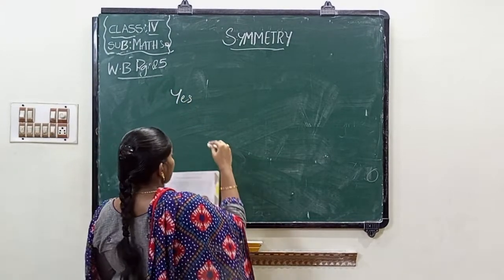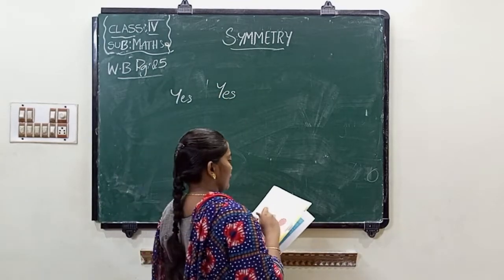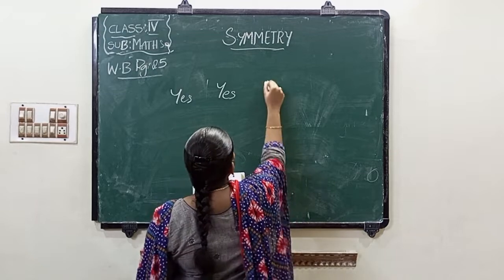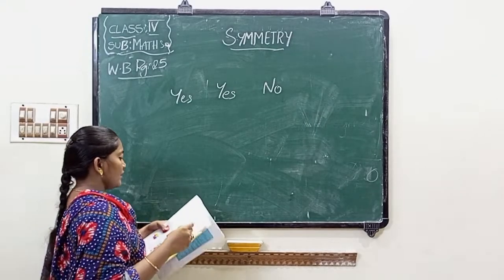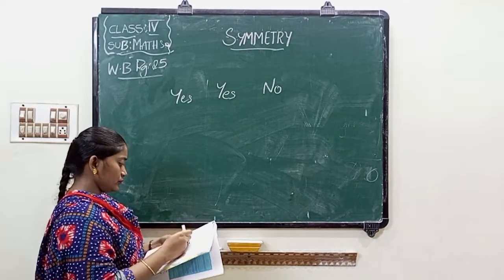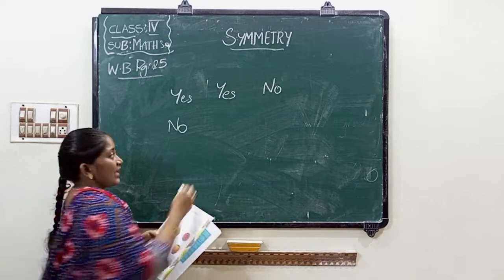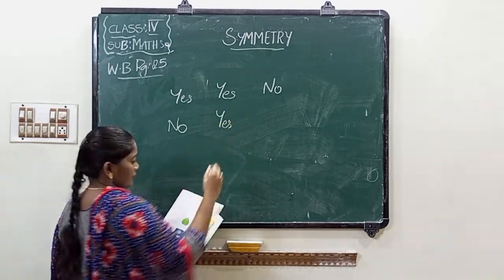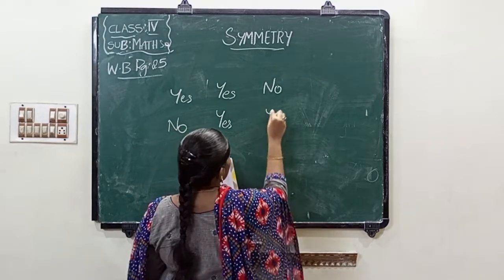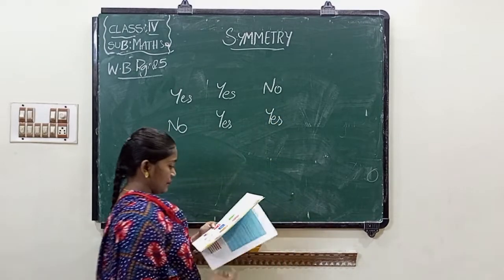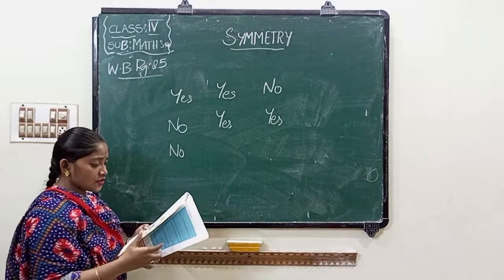And the next one is yes. No. For 4 it is not the line of symmetry. For Z, it's no. For leaf, yes. For the saree design, yes. Apple, no. It's not a line of symmetry.